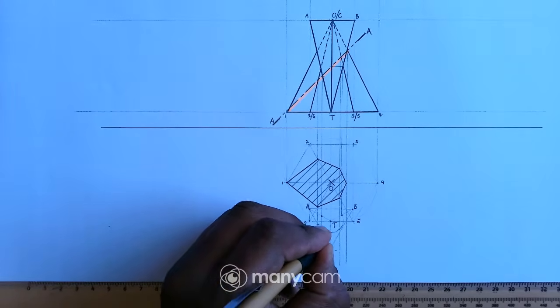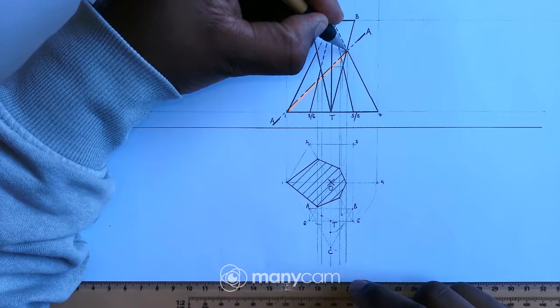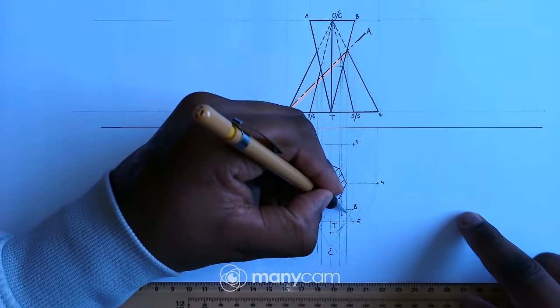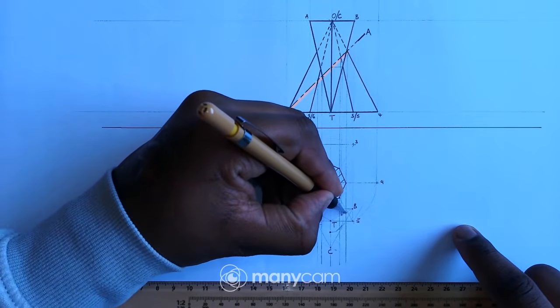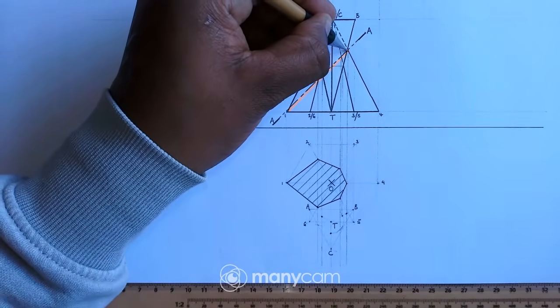Okay, so now I move to the next point. This point is on line TB, right? So obviously TB is there. That means we have a point right there. So this is our last point on the cut surface, on the cutting plane, sorry.